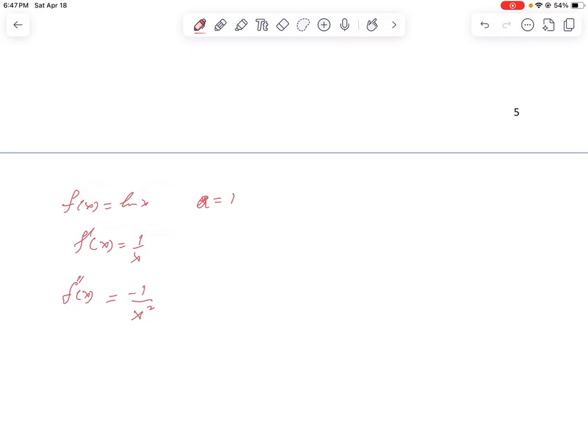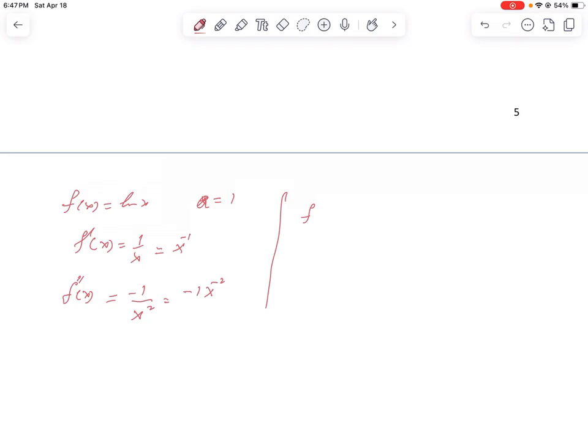So this is negative 1 x to the negative 2 and so on. Now sometimes you are given f of x is 1 over x and the rest you go from there. But notice here, because our ln of 1, our f of a, was 0, f prime of 1 was the first non-zero term.